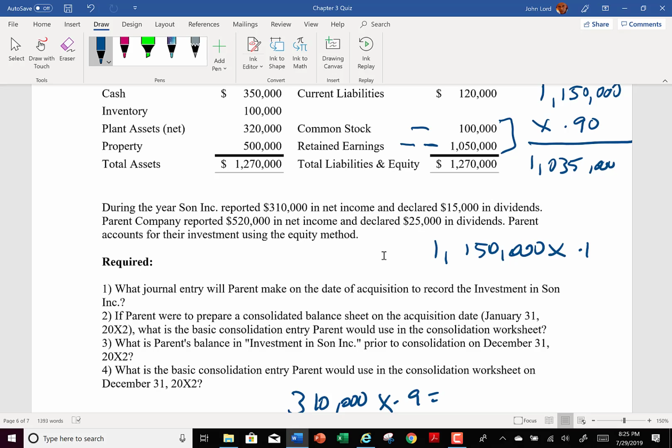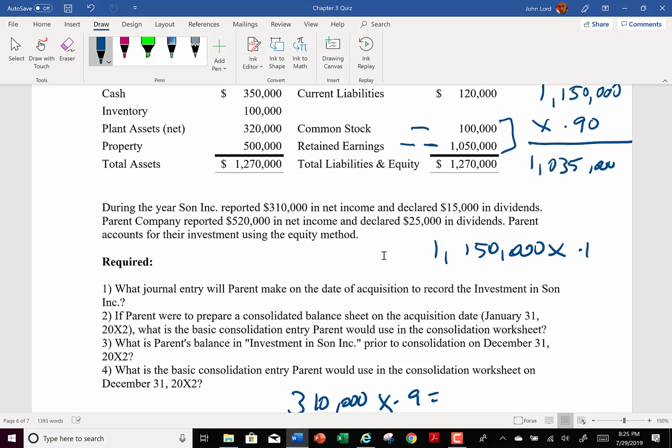I'm going to prepare the little statement of retained earnings. I'm going to do the whole thing a little bit differently this time than I did for that other question, just so I don't have to keep multiplying everything by 10%. 1,050,000, and then I'm going to add son's net income. Son's net income is 310, isn't it? Yes.